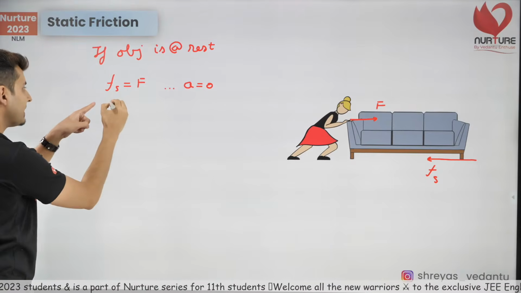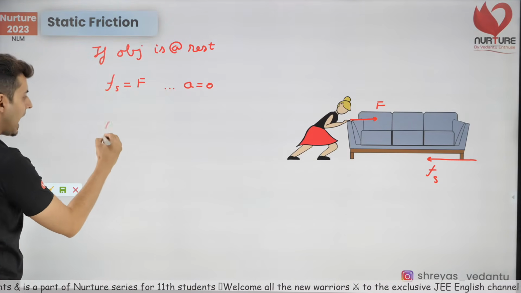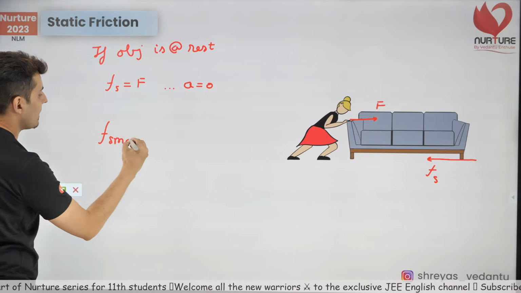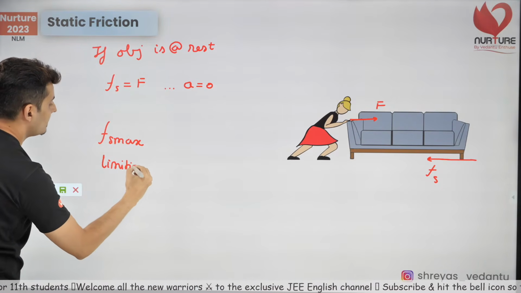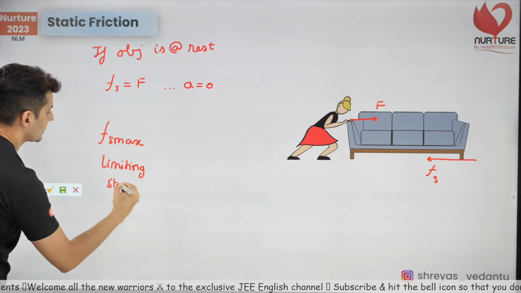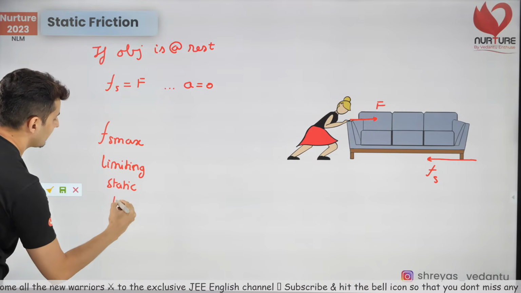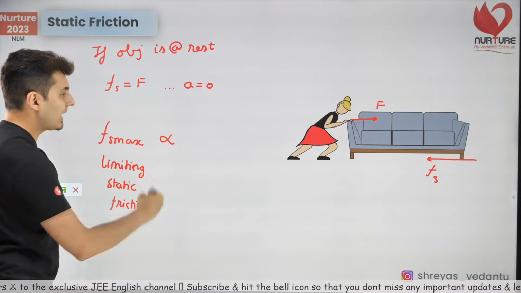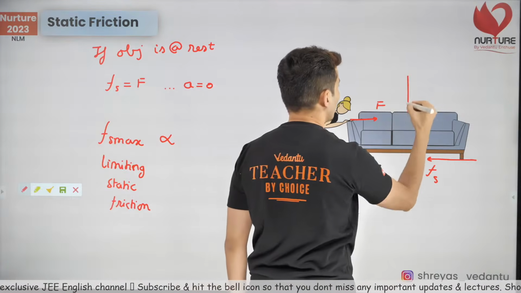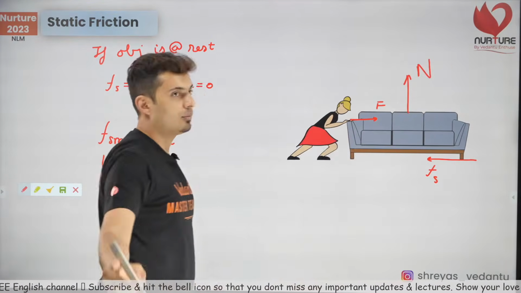But Fs will keep increasing till a limit, and that limit is called Fs max. What is this Fs max? This is limiting static friction, and this limiting static friction is found out experimentally to be proportional to the normal force.